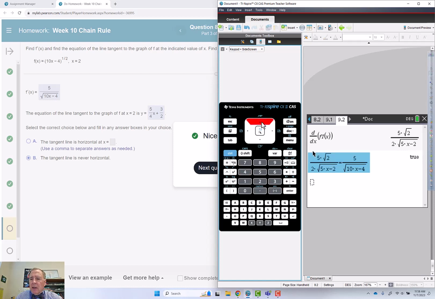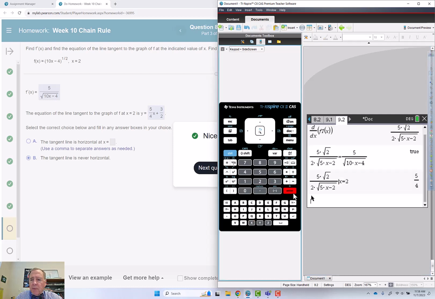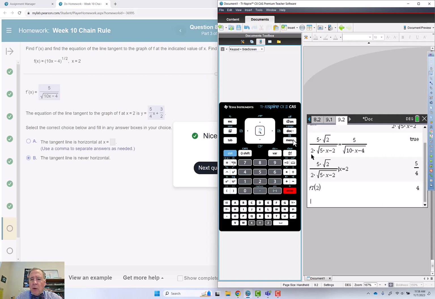So to get the slope at x equals 2, we grab the derivative such that x equals 2. 5/4 is what we thought. And then we want the original function at 2, so (2, 4).